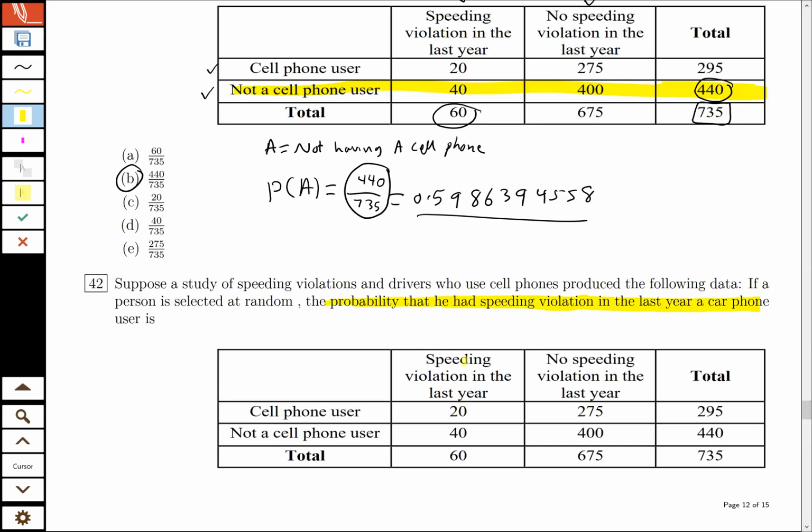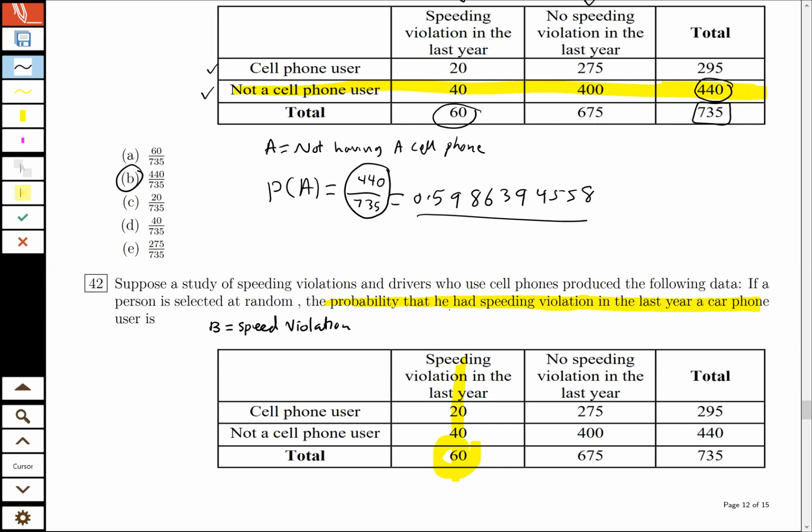Those who get speed violation, 60 of them. So let me call it here again B, the event speed violation. People who get speed violation.